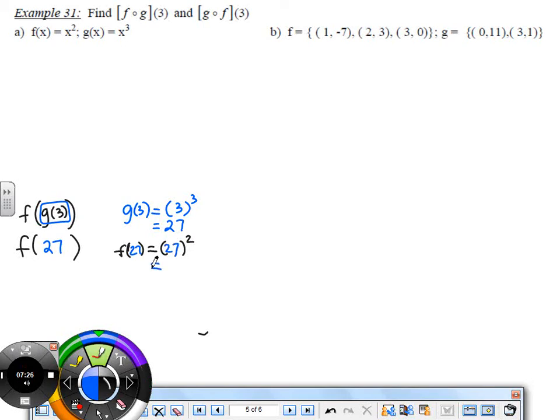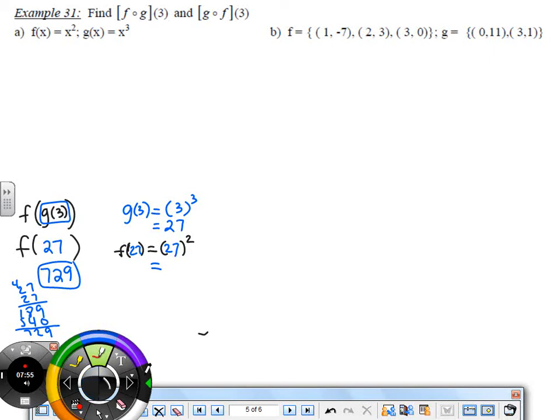And our answer is going to be whatever we get when we square 27. So 27 times 27. So 729. So f of g of 3 is equal to 729.